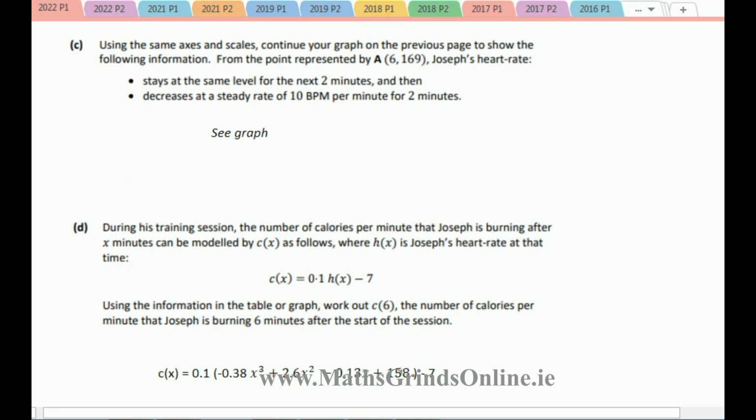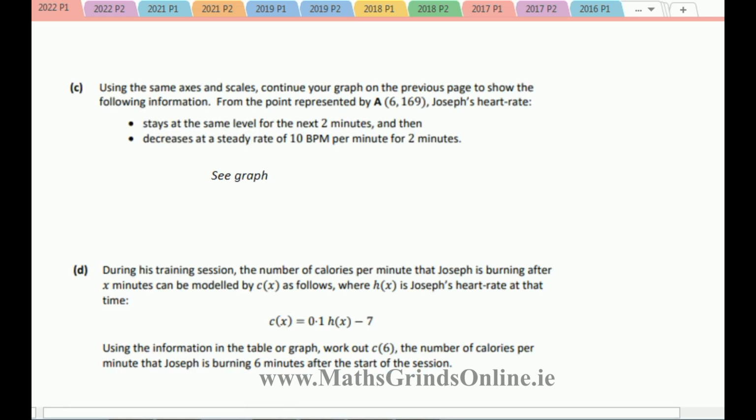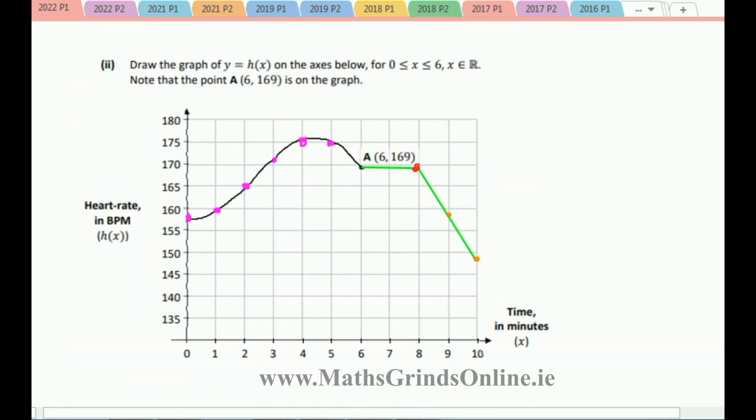And the next part there: decreases at a steady rate of 10 beats per minute for the next 2 minutes. Well, he's at 169, so after 8 minutes, a minute later, he's going to be at 159. I just take away 10, and then another minute later, he's going to be at 149, taking away another 10.